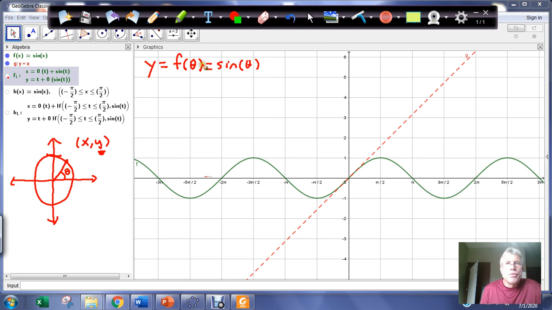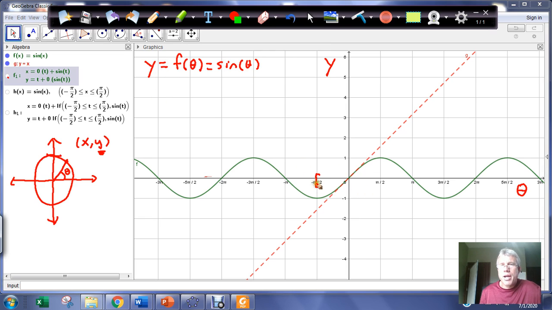So what we want to do is restrict the domain for sine theta so that we have a function that is 1 to 1. And what I want to notice is that if I start here at negative pi over 2 radians, remember this is the theta axis. This is where we plot our rotation around the unit circle. And this vertical output axis is going to be the y-axis because the outputs to the sine function are y coordinates.